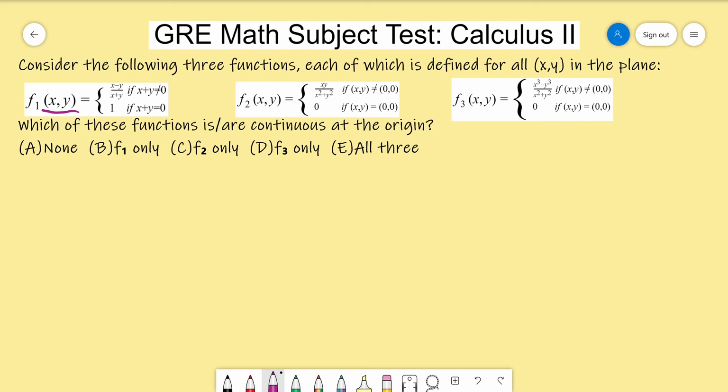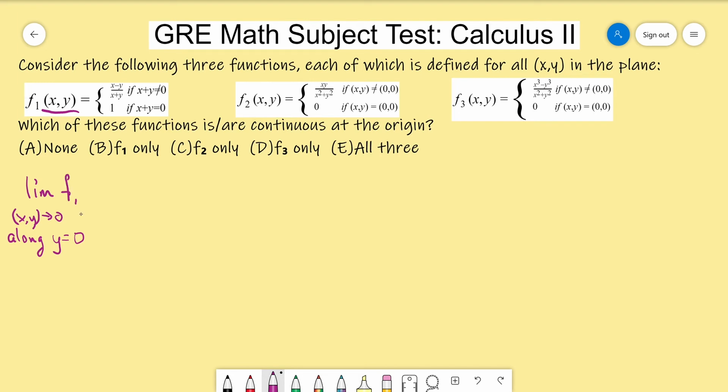And so if we take a look at f1, let's try to investigate f1. If we take the limit as (x, y) goes to 0 along, let's say we want to approach 0 along the x-axis. That means along the line y equals 0. Y equals 0 is the x-axis. Then what are we going to get?